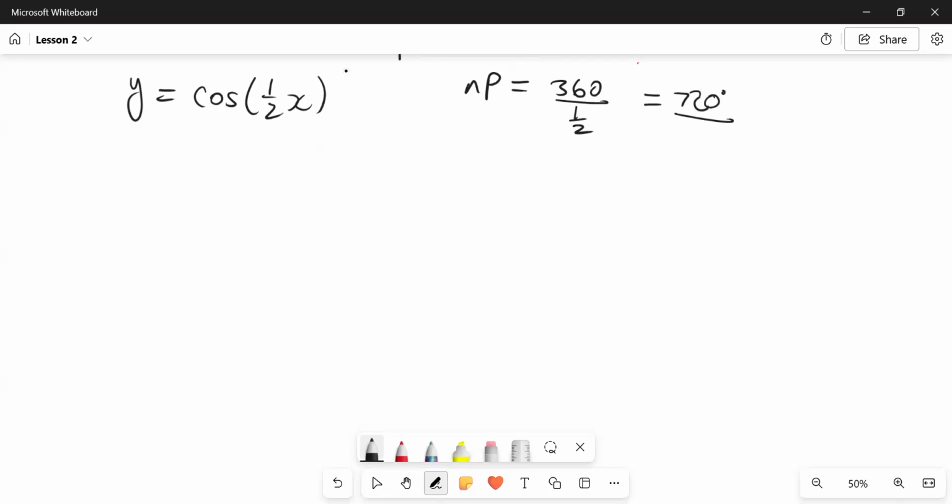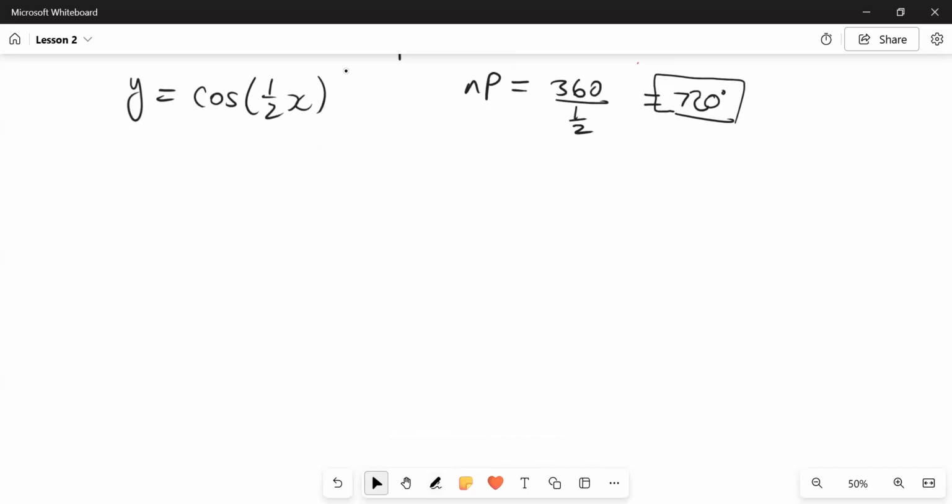You can only get a complete cycle after 720, right? In order to sketch the graph, take every x-intercept, y-intercept and turning point and divide the x-coordinate by half, same as multiplying it by 2. And you will end up having new points, and then you start drawing your graph.